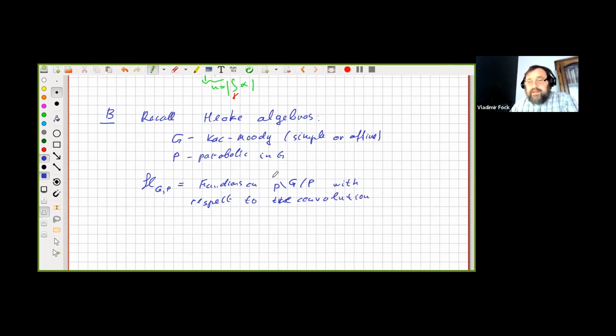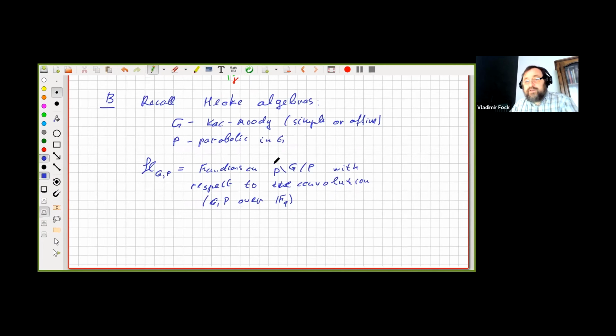Well, strictly speaking, it's not well defined because everything is non-compact, so the convolution is not defined. But the groups are algebraic groups, so you also can consider them over any field, and you define the convolution over the groups G and P over a field with finitely many elements.